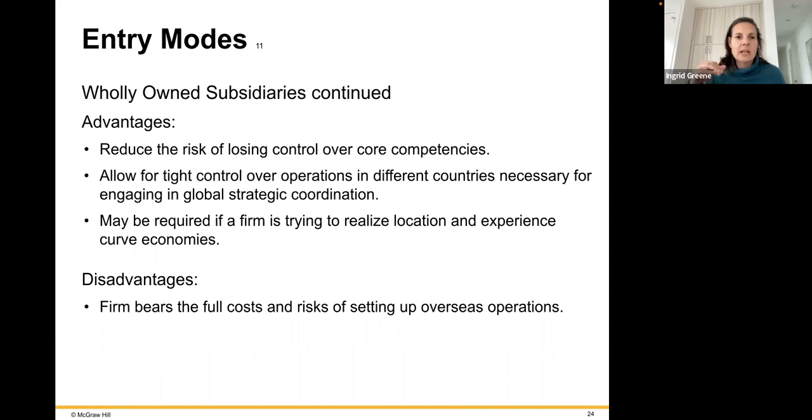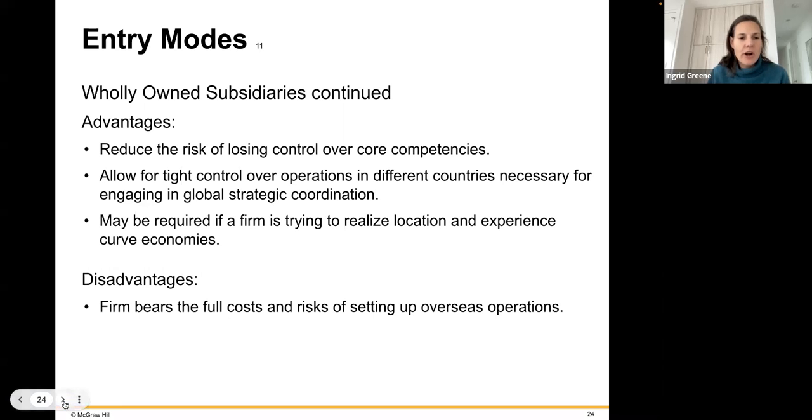They're really trying to ramp up and grab a lot of market share through these ideas. Disadvantages are that the firm bears the full costs and risks of setting up overseas operations. And so again, it's really important to understand what it takes when you set up a wholly owned subsidiary.